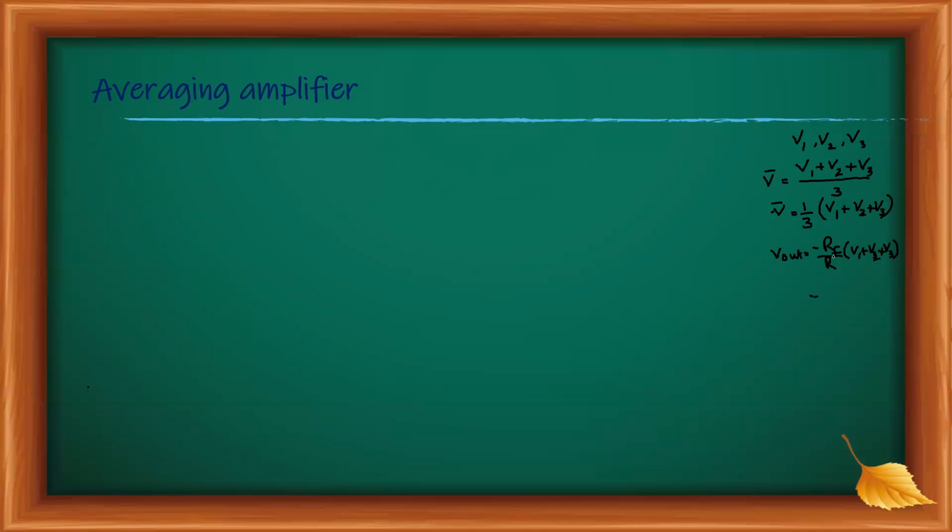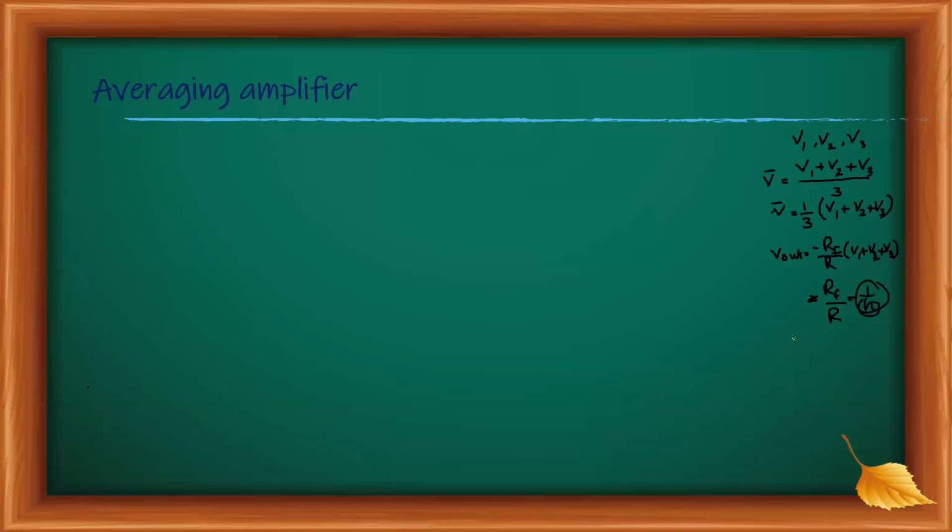Okay, so if we take the RF divided by R is equal to some ratio, or that must be equal to 1 by n, if n is equal to the number of input voltages, then we can use the same circuit of summing amplifier but with a different set of values for resistors.